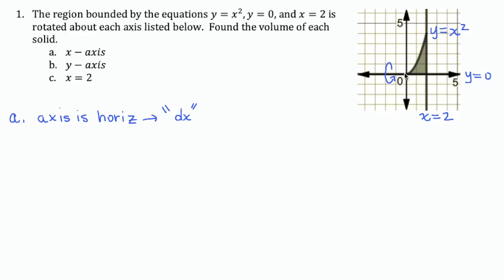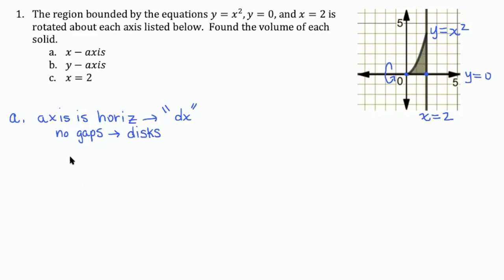So if you go from 0 all the way to 2 along the x-axis, because we want an x integral, you'll notice my shaded region is right up against that portion of the axis. There are no gaps. So because we don't have any gaps, our cross sections will be circles, and that means we should be using the formula for cross sections that are disks. So remember, we're spinning it this way, and we're going to be creating disk cross sections like these.